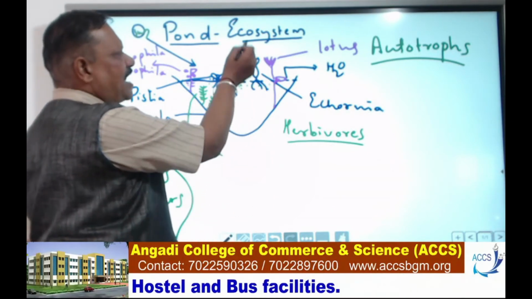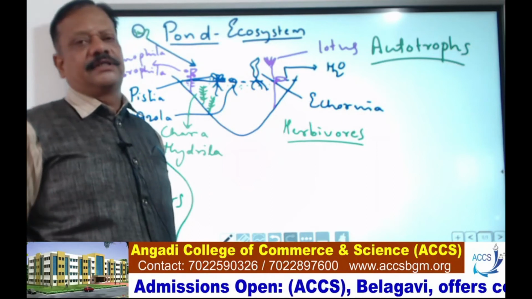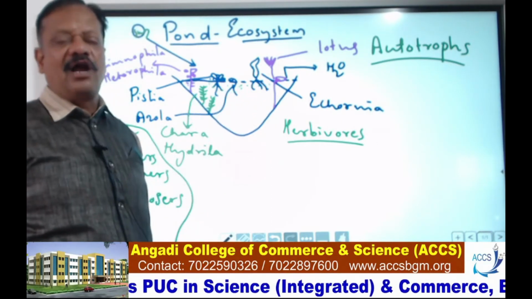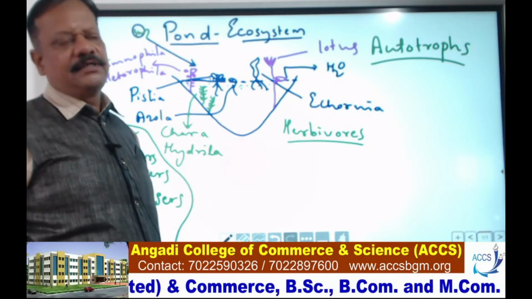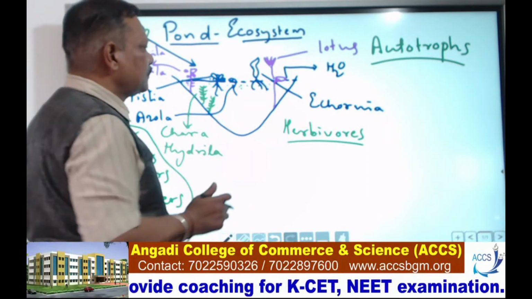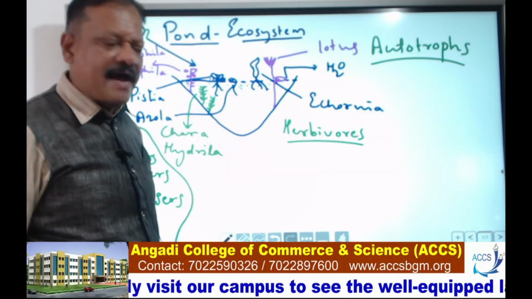Here, some of the plant materials you can also see, we are calling them phytoplanktons. So, phytoplanktons and the insects, which we are calling zooplanktons. In one food chain, the zooplanktons are eating phytoplankton.